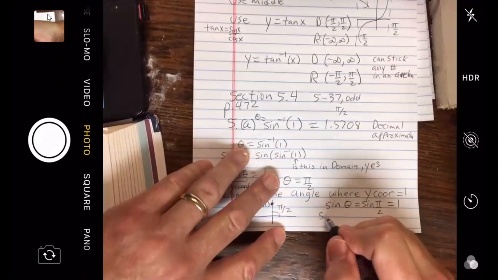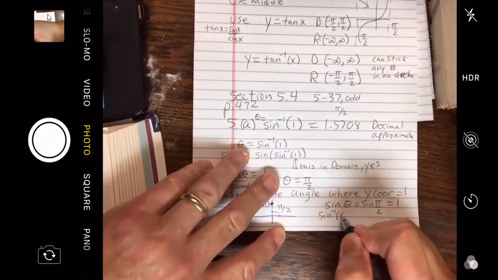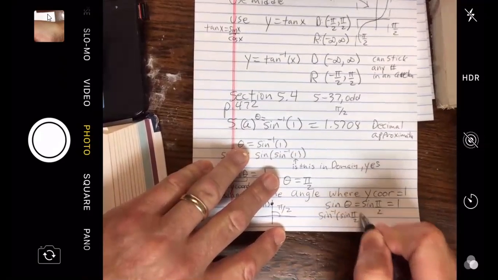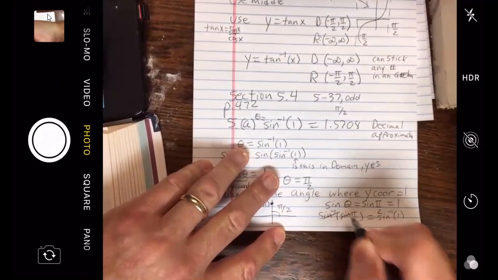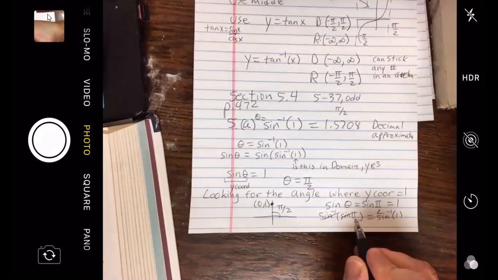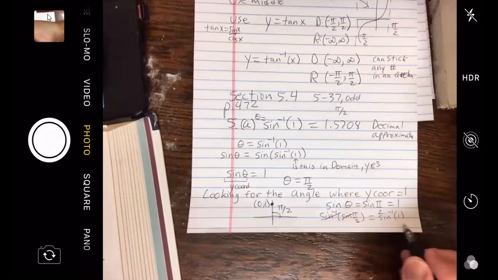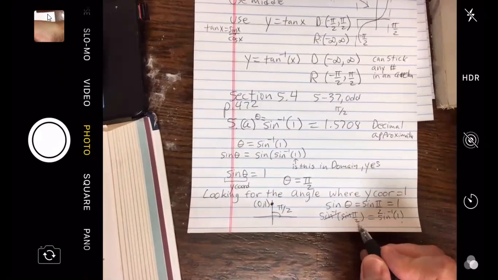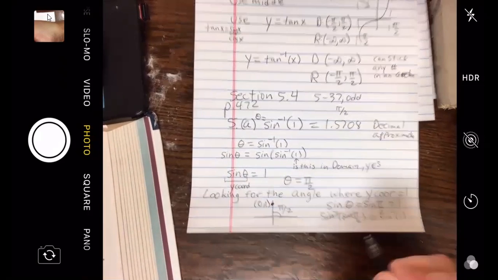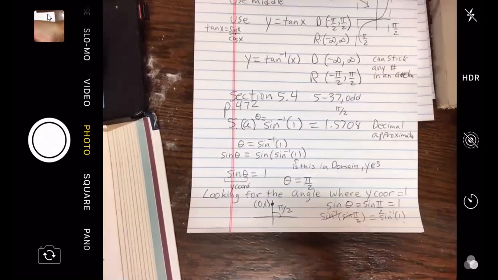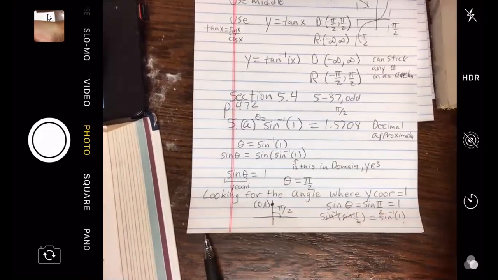If you do arc sine of sine of pi over 2 equals arc sine of 1, this cancels because pi over 2 is in the domain of sine. The arc sine of 1 equals pi over 2. I know that's a lot of gibberish, which is why when you're at home, I can't keep you from using a calculator.